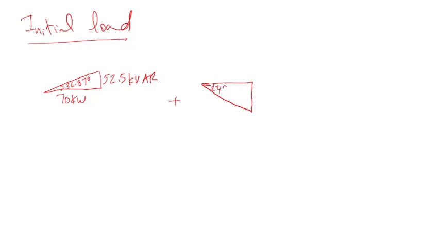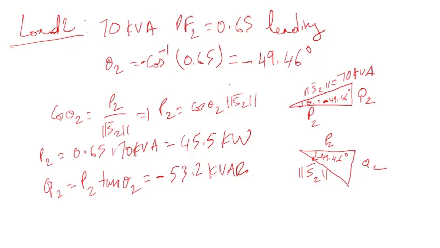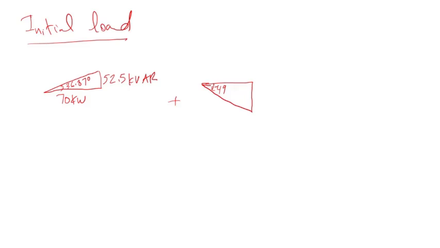The angle is 49.46 degrees, and P2 I calculated as 45.5 kilowatt, and Q2 I calculated as minus 53.2 kvar.